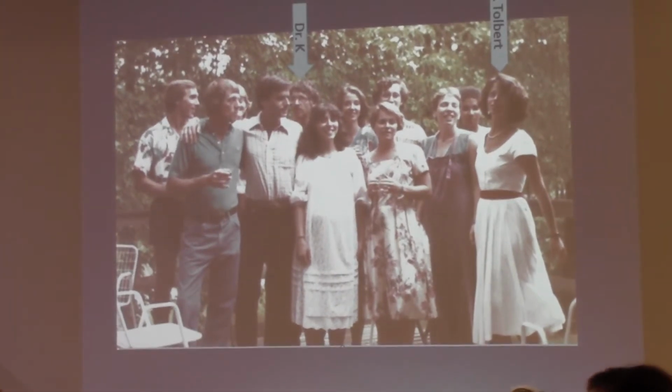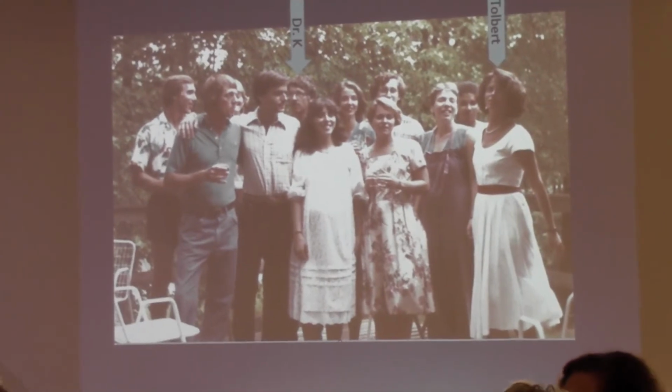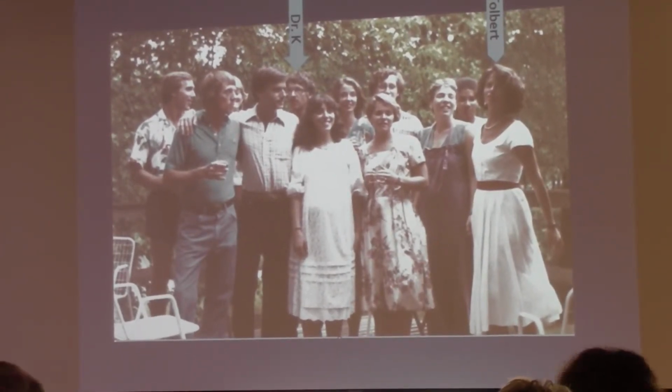Look at Paige Tolbert, 1981. What a beauty, right? Still a beauty, but there she is in 1981. And there's a bunch of other people who were graduate students. There's Larry Cooper. There's Harvey Checkoway, who is a well-known occupational epidemiologist. They were all in this picture, but that's just a picture that Edna found and wanted to put in.